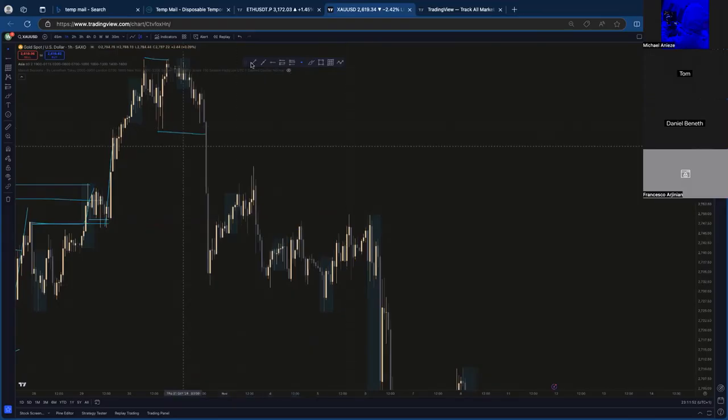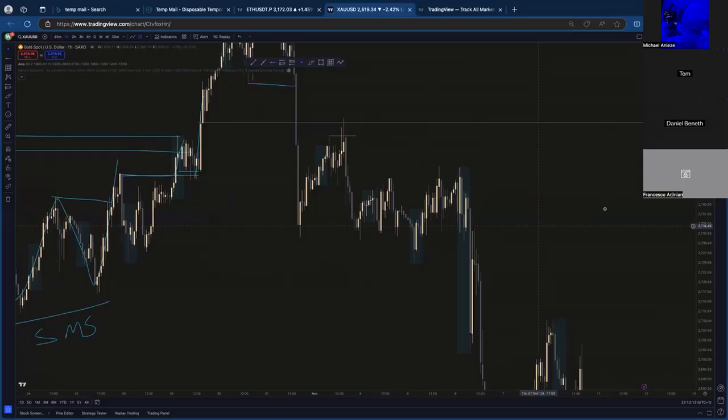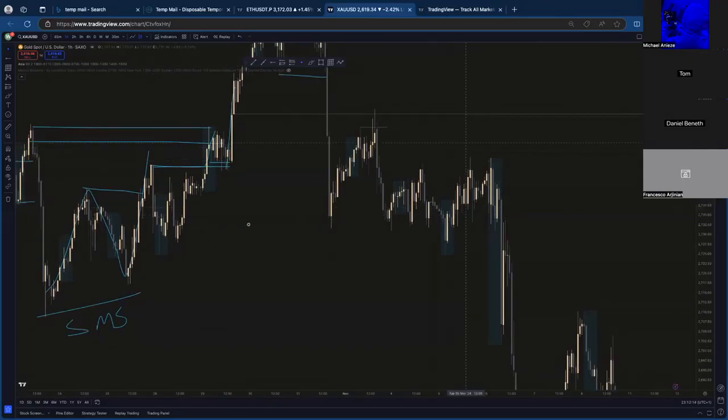It engineered liquidity right here, created liquidity up here, which we'll still talk about, then tapped inside 50% of the range. If you're using key levels, you could say price came to tap into this key level, overlapping this imbalance, when we have this liquidity right here. Bam, drop. Do you understand?